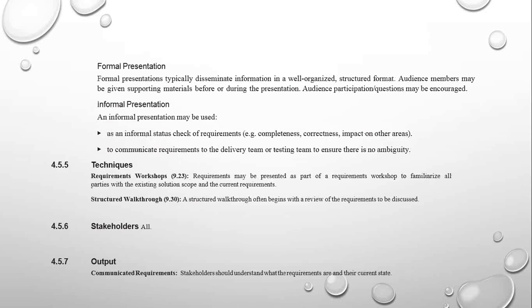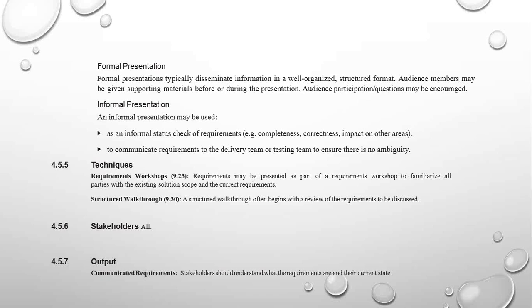A formal presentation is well organized and structured, and everything is there: who are the audience who are going to receive it, who are the audience who are going to participate in it and approve or reject that material. That is the formal. Informal is when you just have a meeting, some kind of status check, and you have the team providing the status every day. That's not a full-fledged formal presentation.